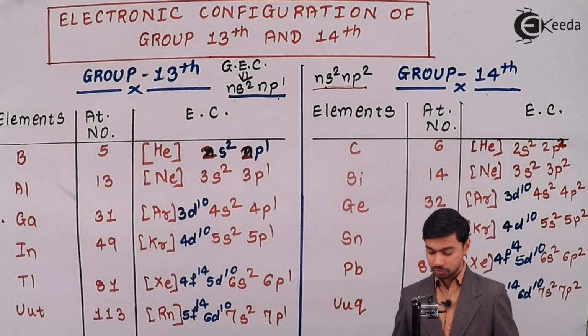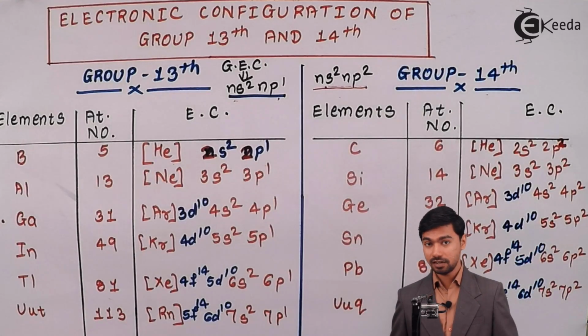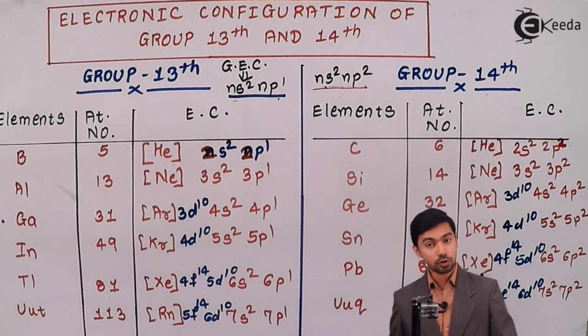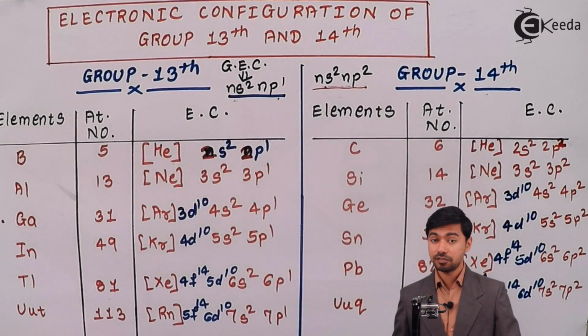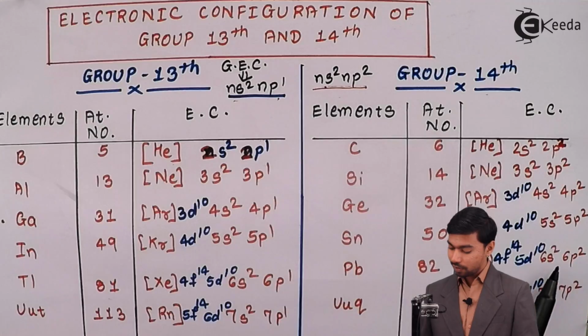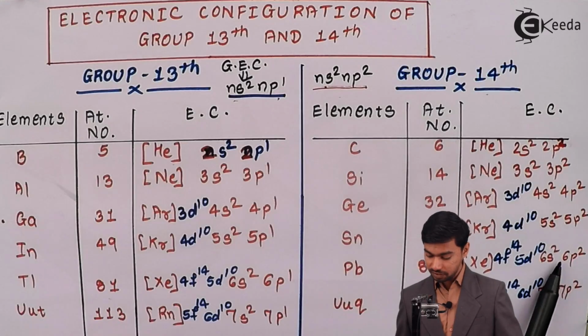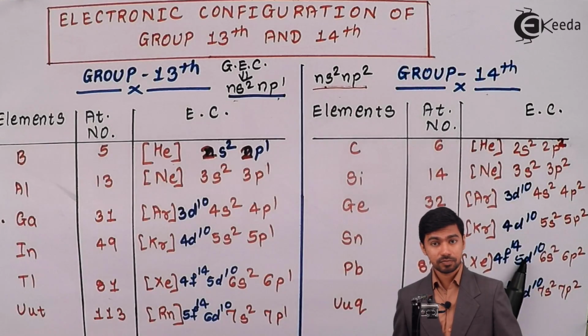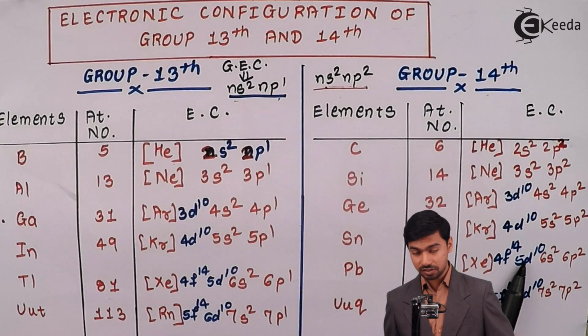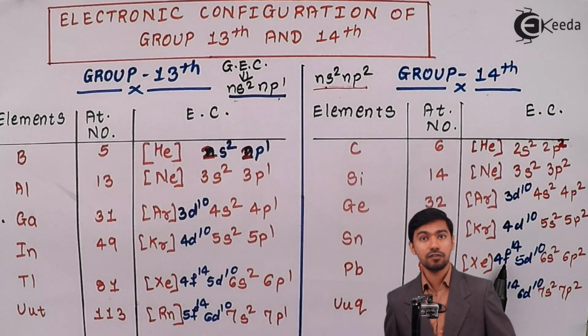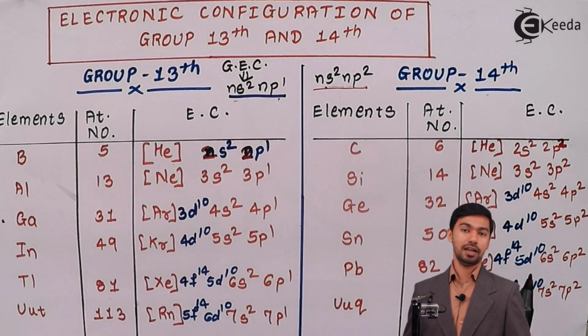What is the atomic number of lead? It is 82. How many electrons are coming from xenon? 54. So 54 and this 4, 54 and 4 are 58. 58 and this 10 are 68. 68 and 14 are 82.